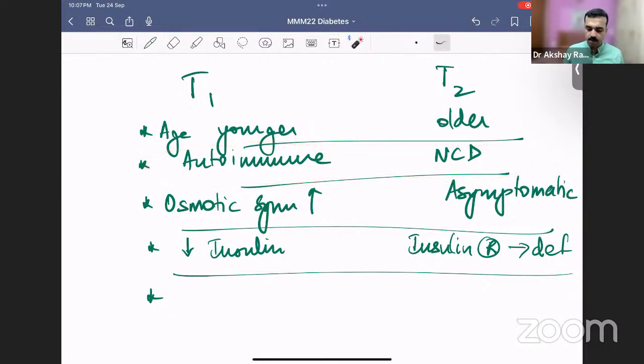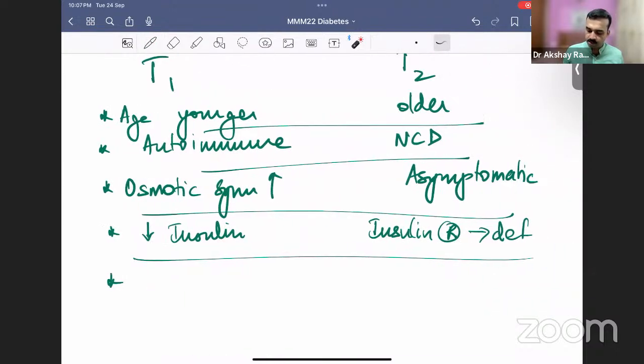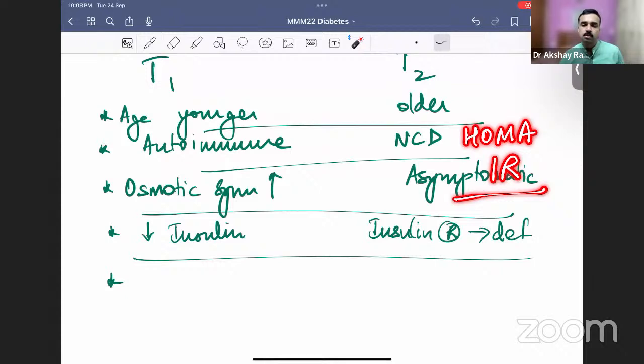This one requires mainly blood glucose levels itself. If you want, you can do something called HOMA-IR. So homeostasis, HOMA-IR it's called. Homeostasis model assessment of insulin resistance. But you need not.